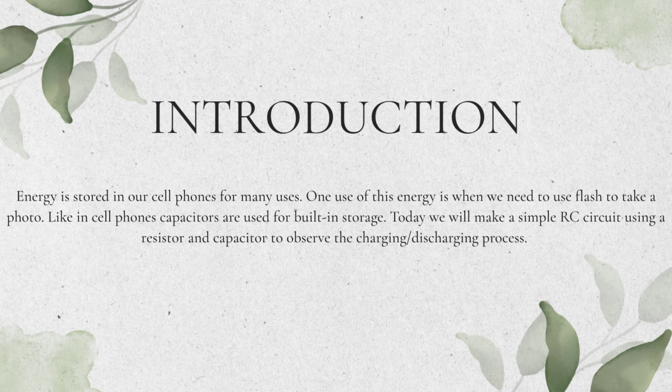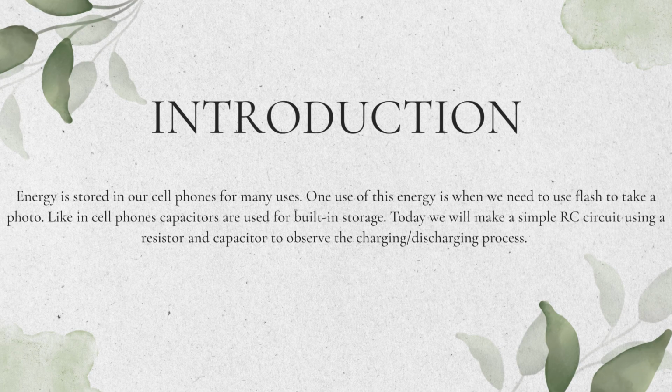At first, the current flows quickly, but as the capacitor fills, it's going to get harder for more charge to move in, and the current slows down. Once the voltage across the capacitor matches the power source, it's fully charged at that point.